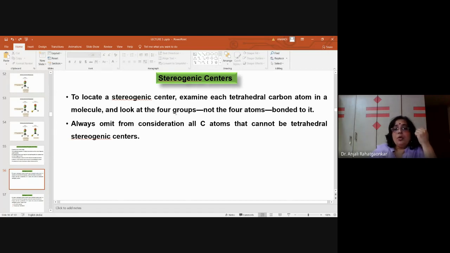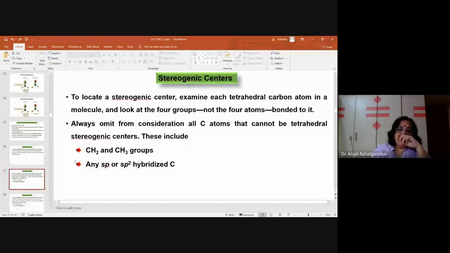Okay, इफ जो कार्बन sp3 नहीं है उसको आप वैसे ही ओमिट कर दो, उसको आप वैसे ही निकाल दो कि नहीं भाई ये कोई स्टीरियो सेंटर नहीं हो सकता। ठीक है, then look at the center and then look for the connectivity, whether it is connected with the 4 different atoms. All right, so connectivity and the structure, sp3 carbon and the connectivity, these are the only 2 points that should be considered in the stereogenic centers.